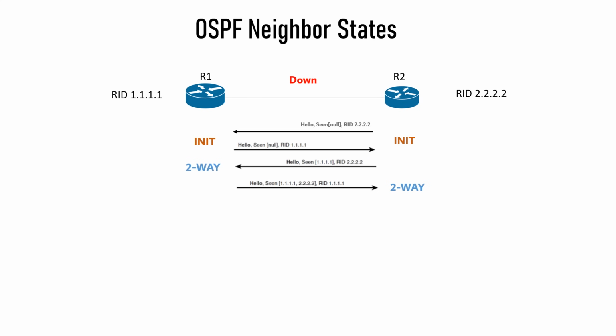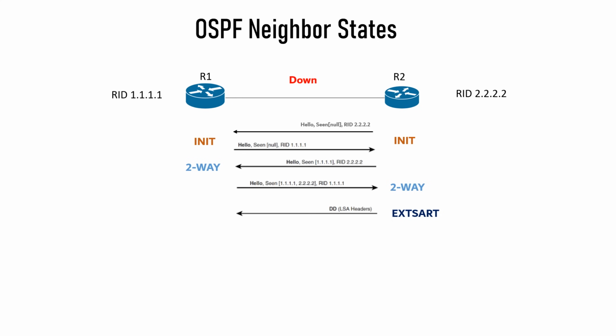The next state is the ExStart state. In this state, both routers establish a master-slave relationship to determine who will initiate the database exchange process. The router with the highest router ID becomes the master.